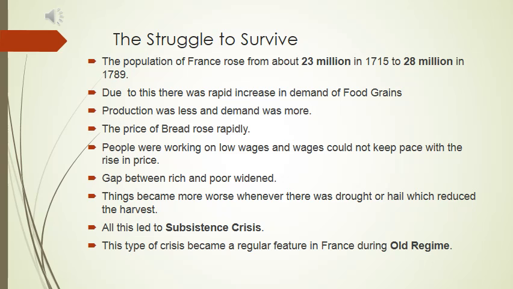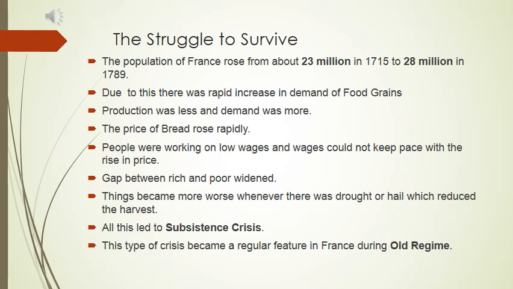More food grain was required, which was not there in the society because production was less and demand was more. Whenever production is less and demand is more, the price of things rises. The same thing happened in France. The price of bread, which was a staple food for the French people, rose rapidly.